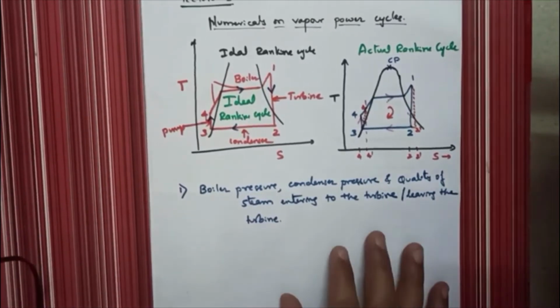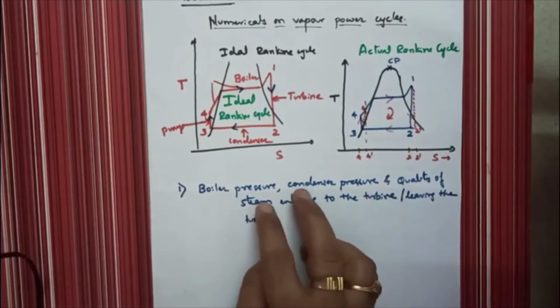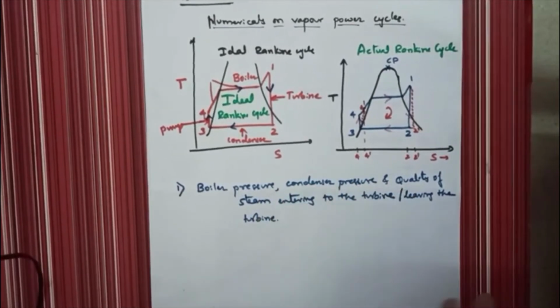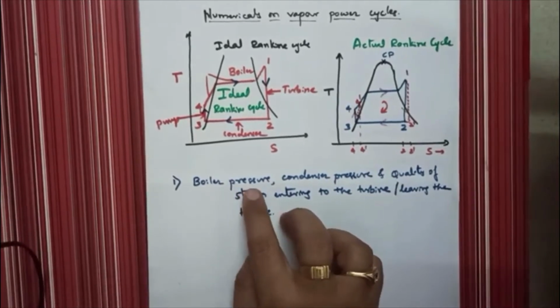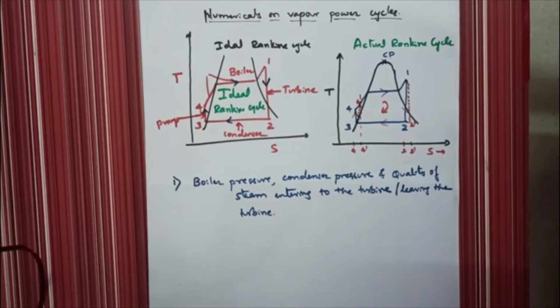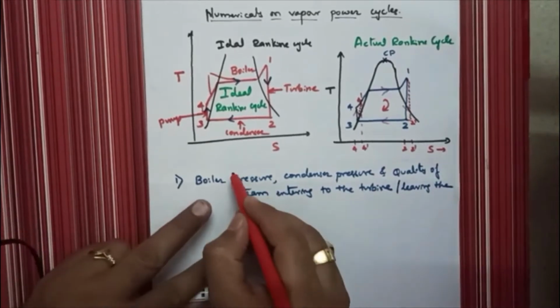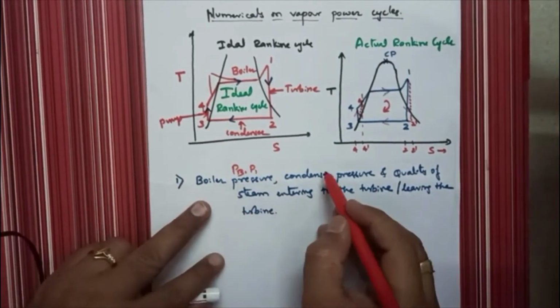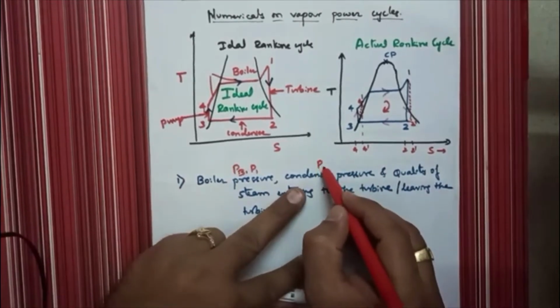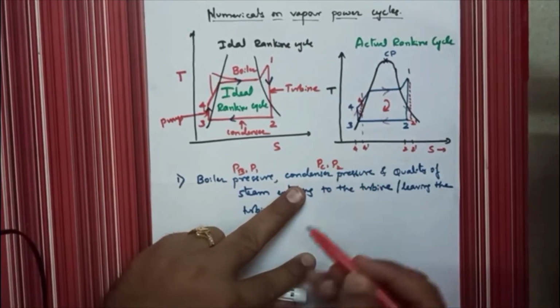There are other methods also. Sometimes he will give only 2, or sometimes all 3 data will be given. Boiler pressure is represented by PB or P1. Condenser pressure is represented by PC or P2.